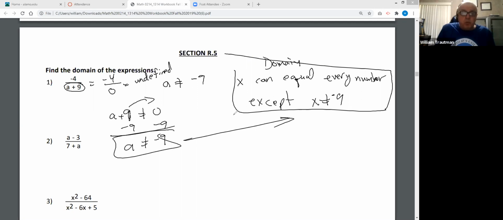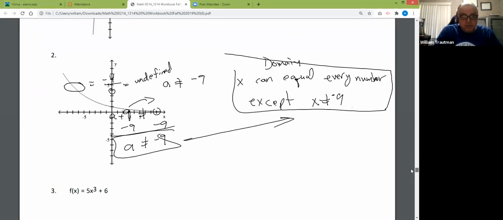Now, there's a couple of ways of writing it. I need to look in the back of the book and see how they're writing this. I'm going to go there right now, see if I can find the answers.